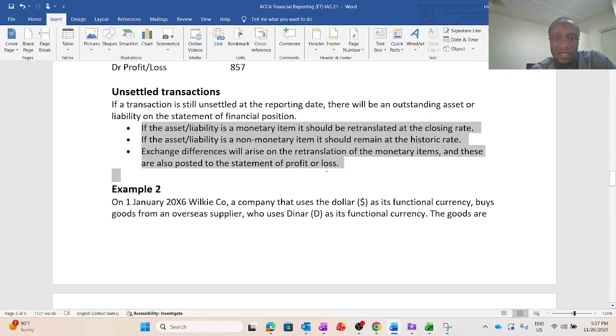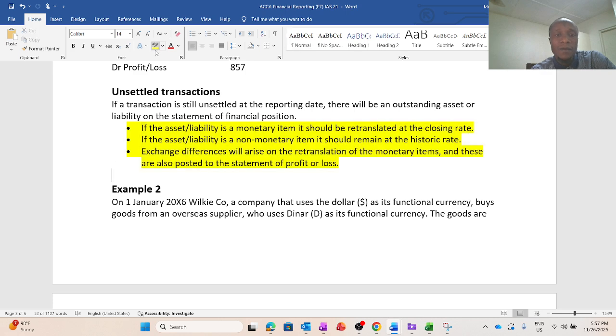If the asset or liability is a monetary item, it should be translated at the closing rate.